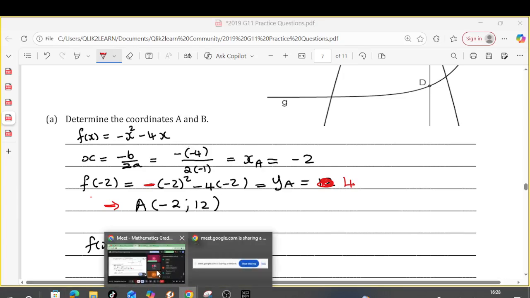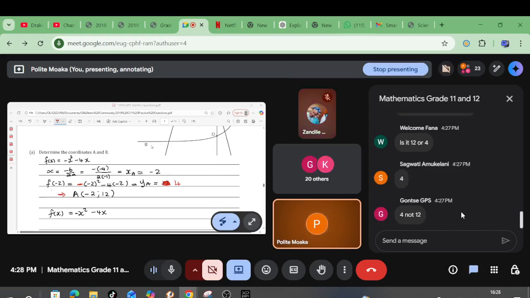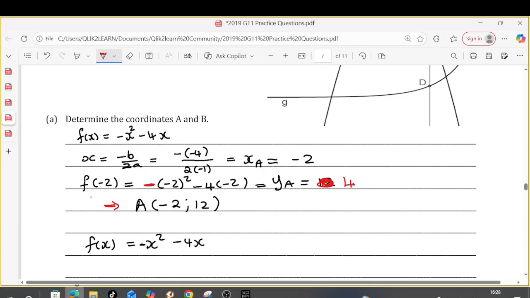Let me quickly check what am I missing, guys. 4, not 12. Okay, I see the 4. Oh, 4, not 12. Yeah, that's correct. It should be minus 2 and 4. Now I get it. Thank you, guys. You see, everyone can make a mistake. So if you see my mistakes, this tells me that you are paying attention. This will be 4. So everything is right.